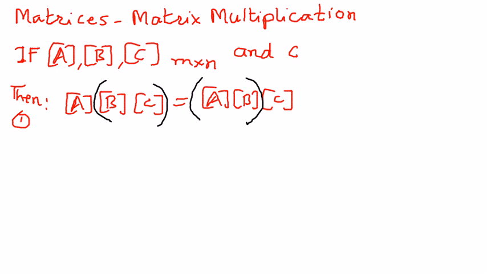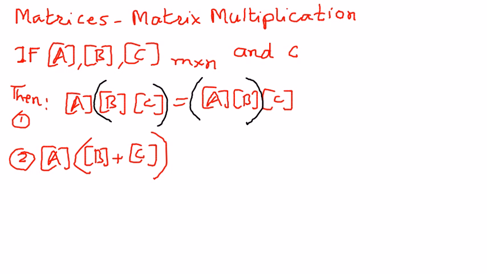The second property we want to know is as follows. If we have matrix A multiplied by matrix B plus matrix C within parentheses like that, this is the same as what we have seen in basic algebra, which we call the distribution property.